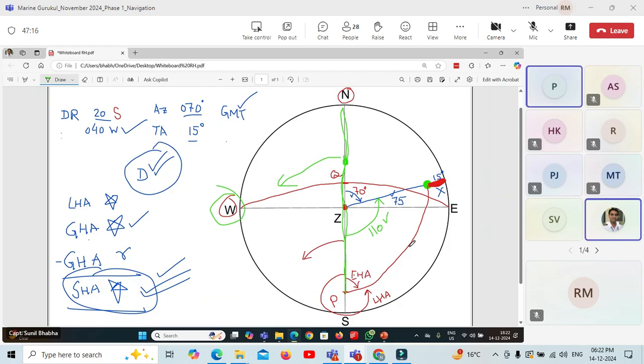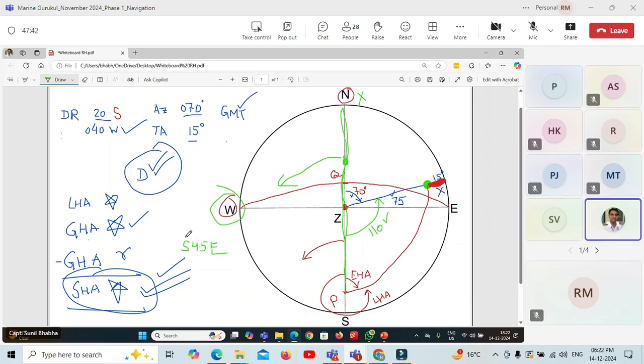Now one thing to keep in mind: if the azimuth is not three figure notation, this was three figure notation azimuth 070. If the azimuth is given in quadrantal notation, then you have to go in the quadrant. Like somebody said, make the azimuth of South 45 East. If the azimuth is South 45 East, the reference will not be north.